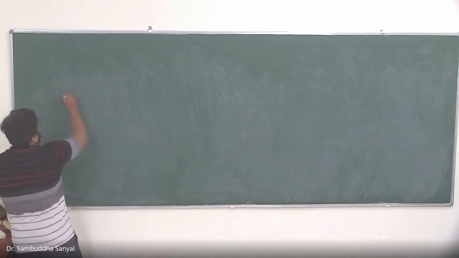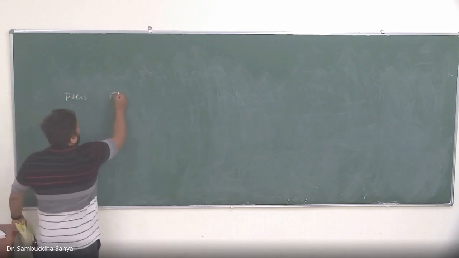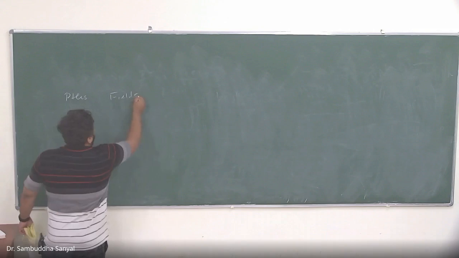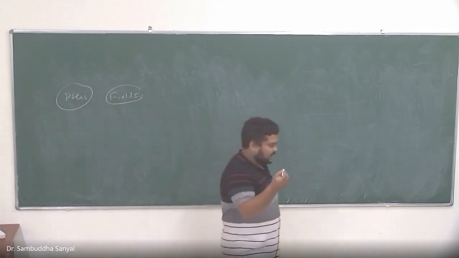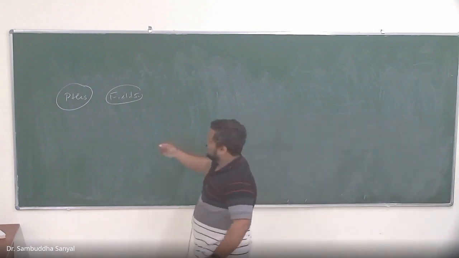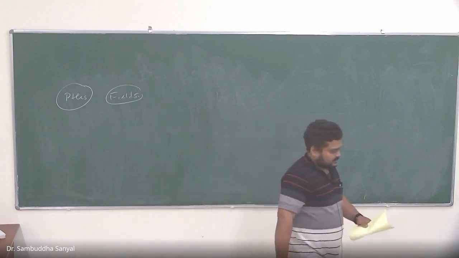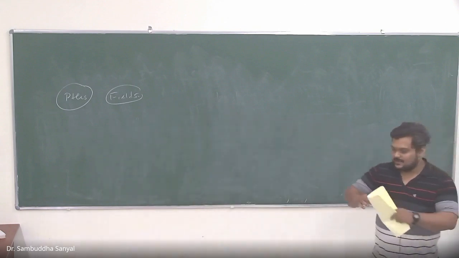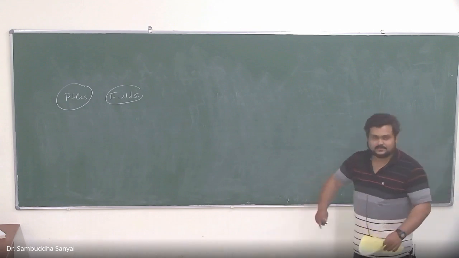Now I will tell a little bit about, one more thing I want to mention, that particles and fields are two different objects, right? In classical mechanics, particles are well-defined lumps of matter, energy and mass and everything, and fields are something that is spread over, like the gravity field, the electromagnetic field, or even simpler things like if I have a box of fluid, there is a pressure field and all that.